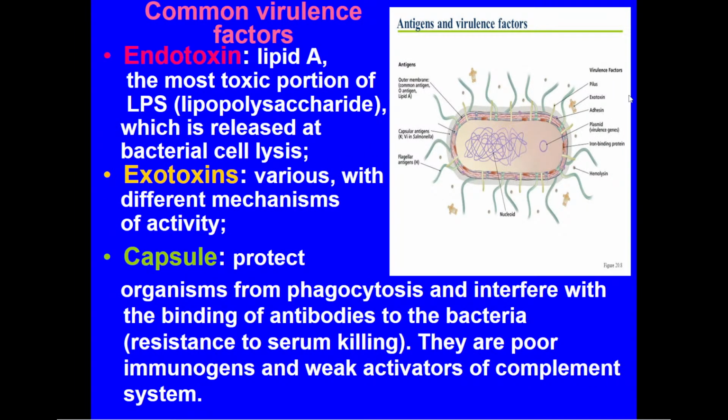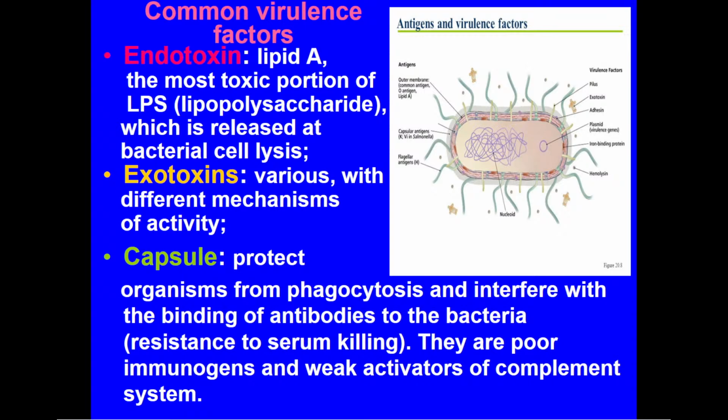So, virulence factors that can be found in Enterobacteriaceae. My dears, I would like to tell you that generally somatic O antigens are not really virulence factors, because the antigen itself does nothing for pathogenicity.